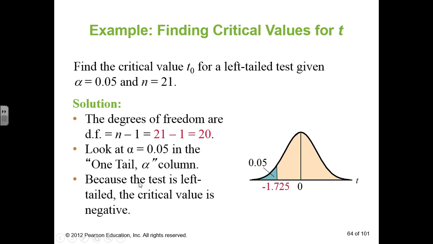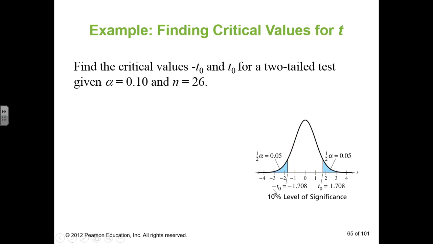And then, because the test is a left-tailed test, we look for the row that's degrees of freedom of 20, and we see the value in the table actually says 1.725, not positive or negative. But since it's a left-tailed test, the critical value is -1.725.